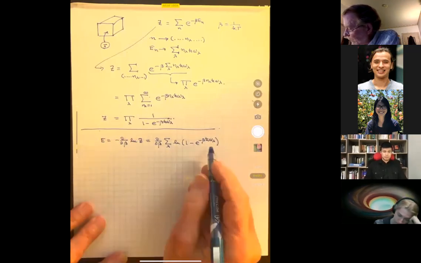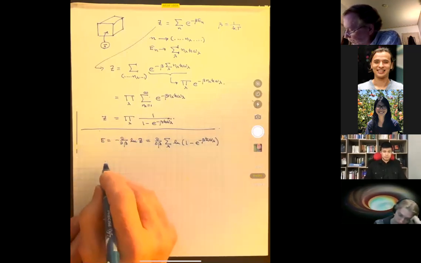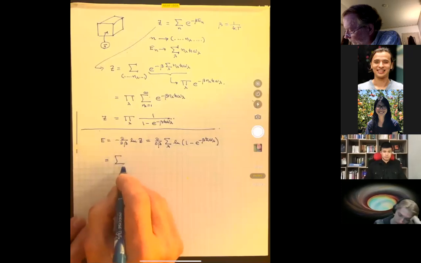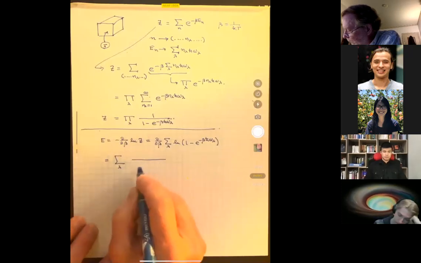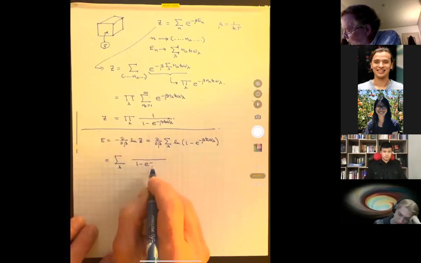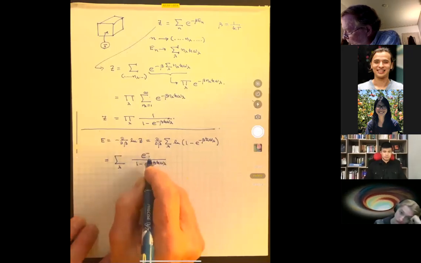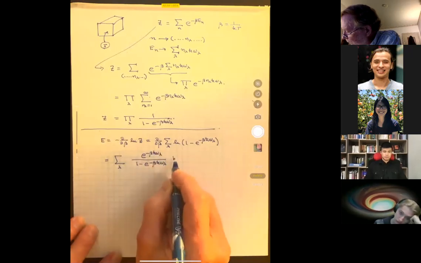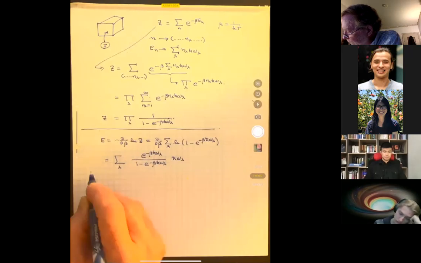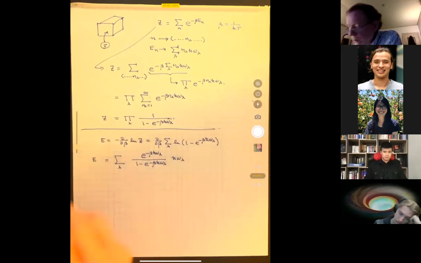And then carrying out the derivative, just using the chain rule, we get the sum on lambda. We get a denominator, which is 1 minus e to the minus beta h bar omega lambda. In the numerator, we get e to the minus beta h bar omega lambda, just using the chain rule. And this is then multiplied by h bar omega lambda, like so.